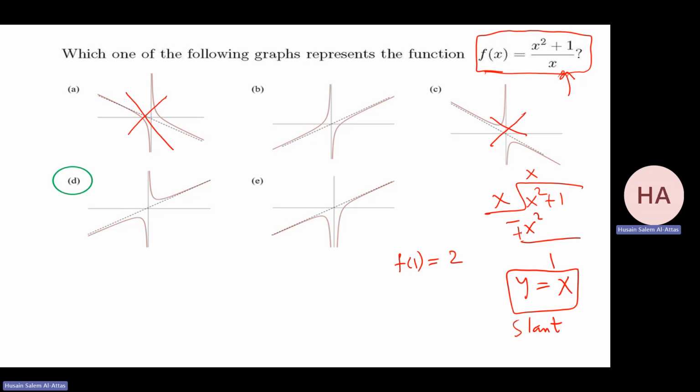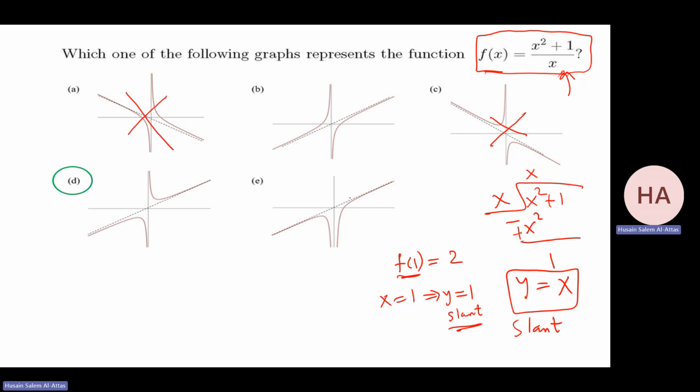But if I put it in the slant asymptote, if x equals 1, then y equals 1 at the slant asymptote. That means my function is above the slant asymptote if x equals 1.